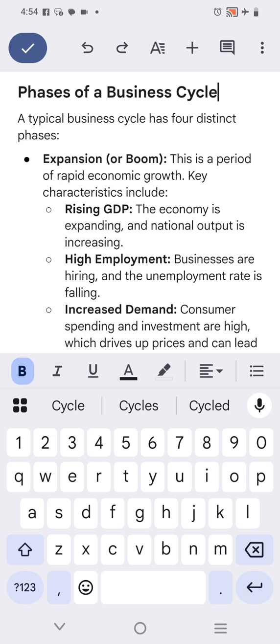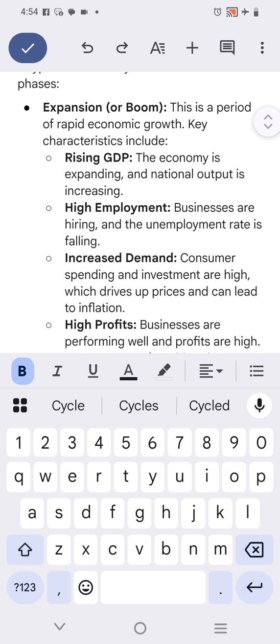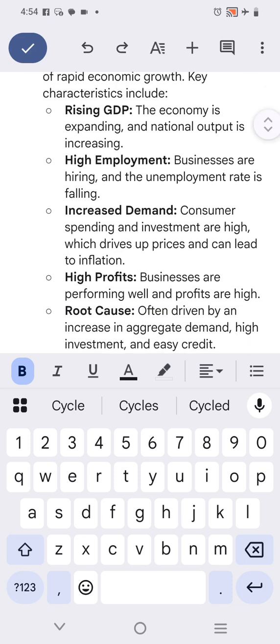Key characteristics include rising GDP. Businesses are growing, the economy is expanding, national output is increasing. High employment: businesses are hiring and the unemployment rate is falling. Increased demand: consumer spending and investment are high, which drives up prices and can lead to inflation.